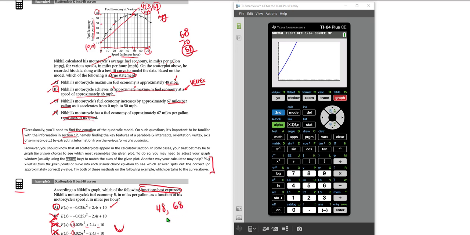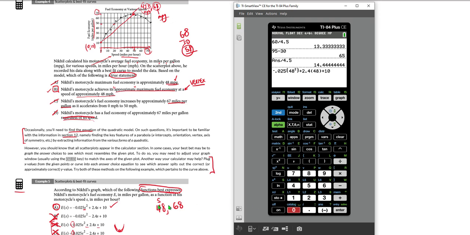What I could do is go into my calculator and enter negative 0.025 times 48 squared, plus 2.4 times 48, plus 10.